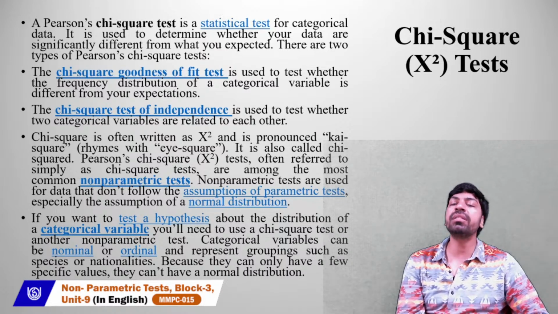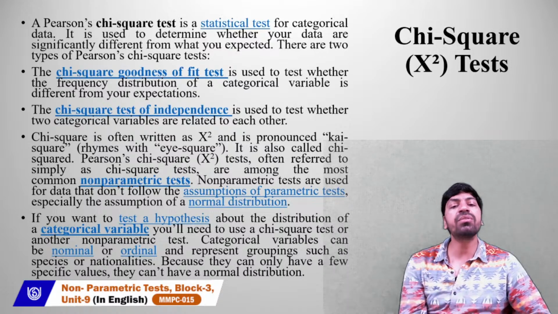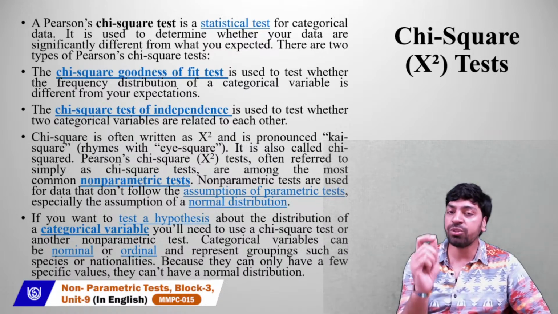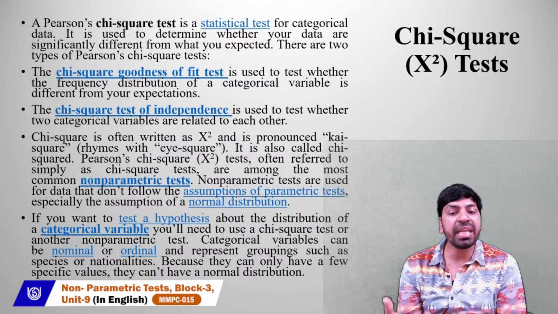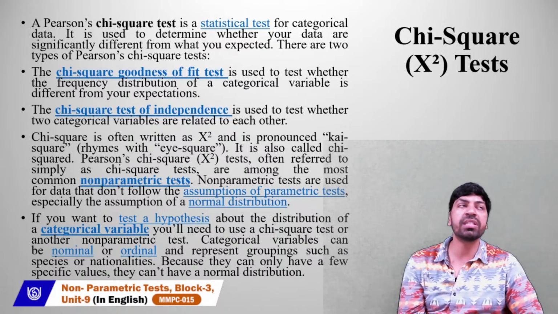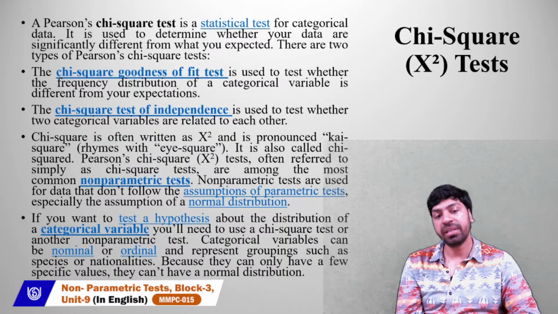Non-parametric tests are used for data that does not follow any assumptions at all. If any hypothesis is to be tested using categorical values, you will always need to use the chi-square test, which is another version of the non-parametric test.